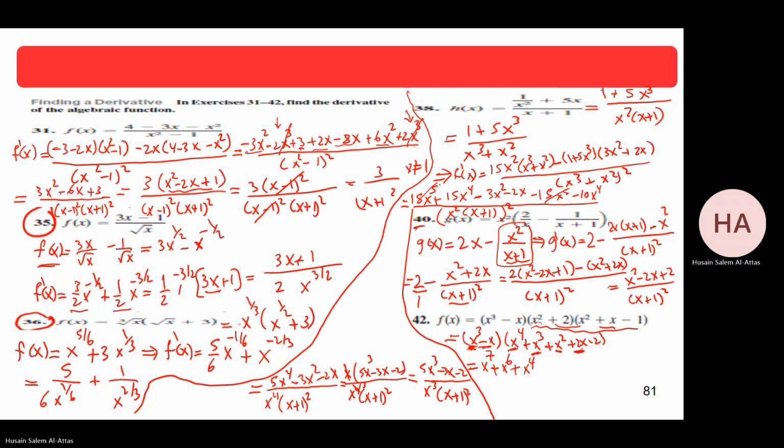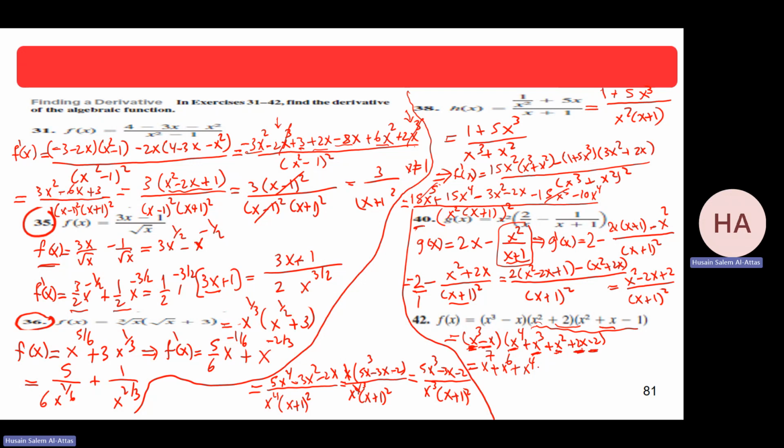Okay. Now for x cubed, I will get it from what? I will get x cubed times minus 2 and minus x times x squared.